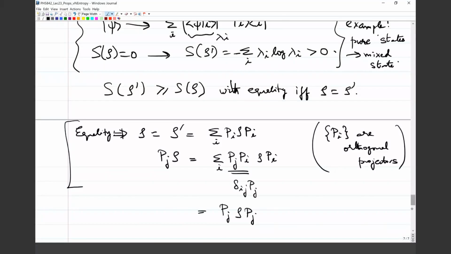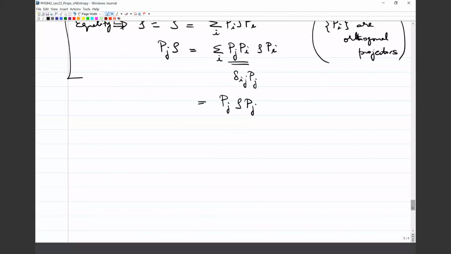So in other words, you're saying that P_j acting before rho in some sense becomes the same as P_j acting after rho, right? So rho then has to commute with all the P_j's for all j going from 1 to d, if there are d orthogonal projectors in the set. Again, you can convince yourselves, the P_j are orthogonal projectors.